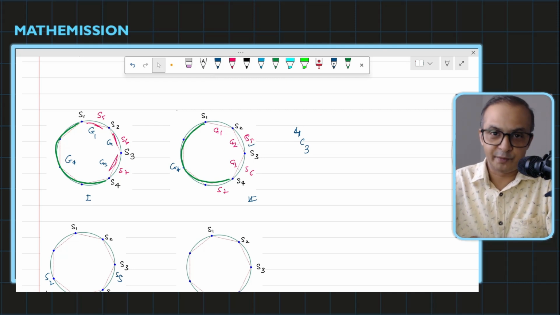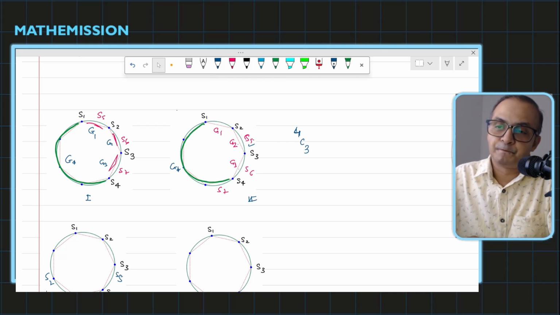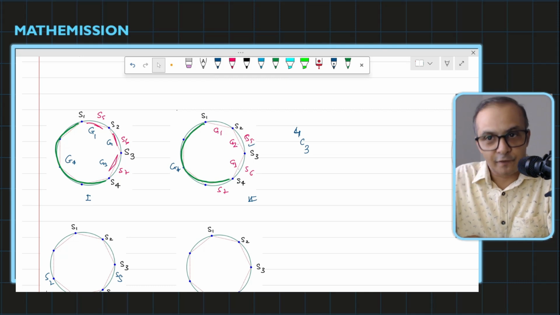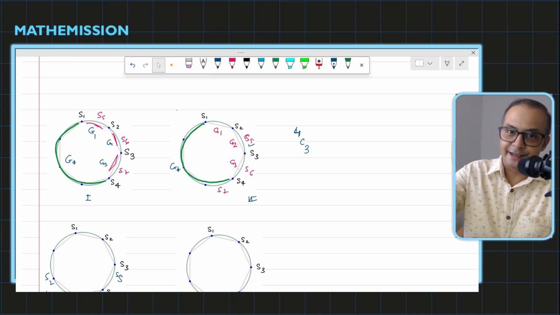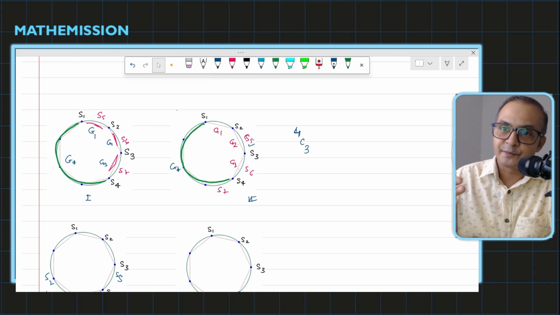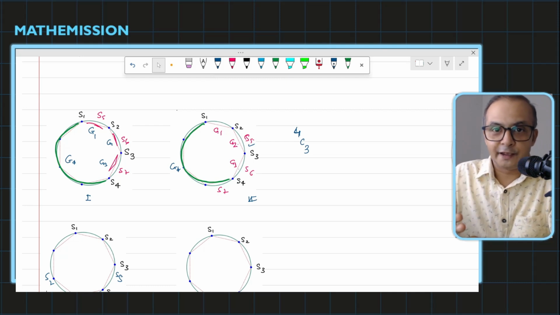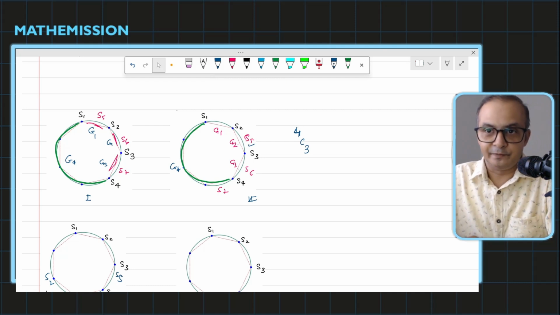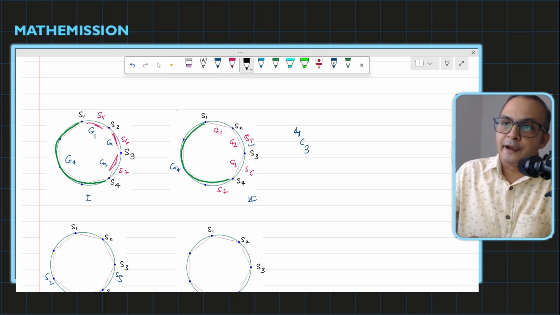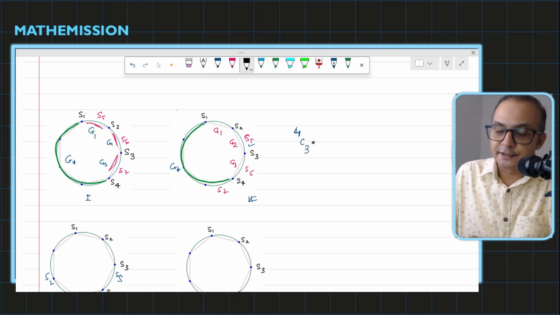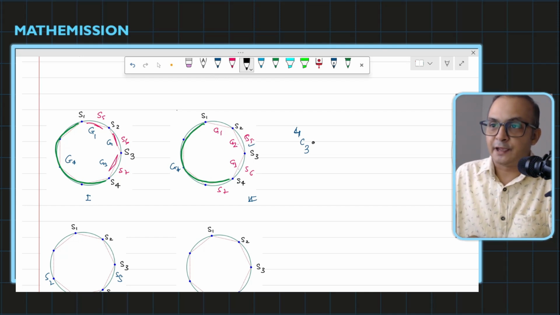Please understand what I'm repeating again. For the choice of the 3 points, you have repeated that particular choice 4 times, because the gap selection will not give you a different choice every time. Since the choice is repeated 4 times, I have to divide by 4.